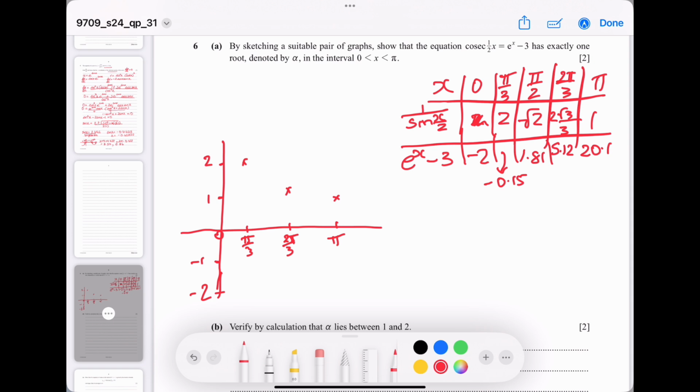So we know our graph, this one is going to come down like this. And then we've got -2 for this one, oh, maybe I do a different colour. -2 so for this one. -0.15, so it's perhaps about here. 1.18.